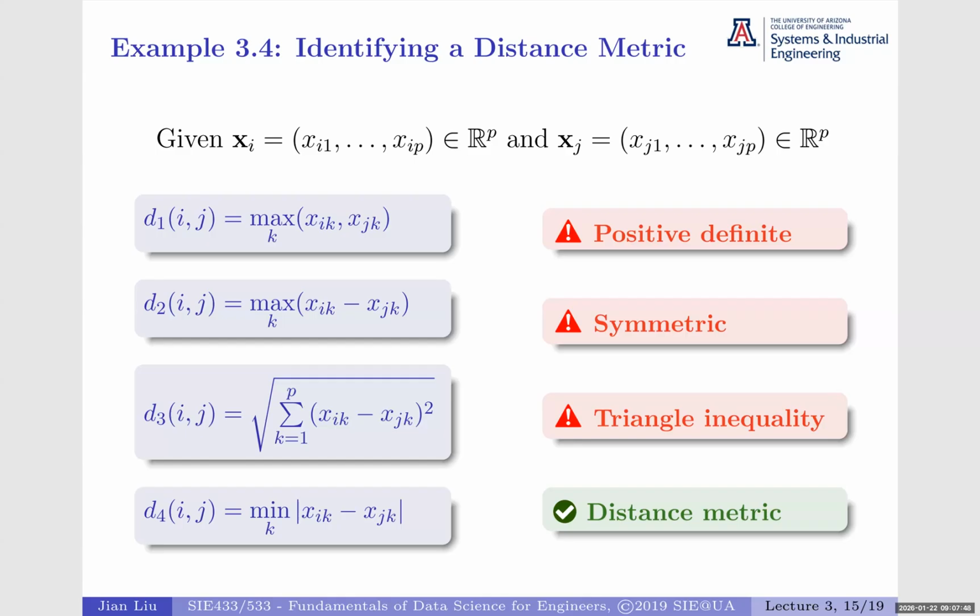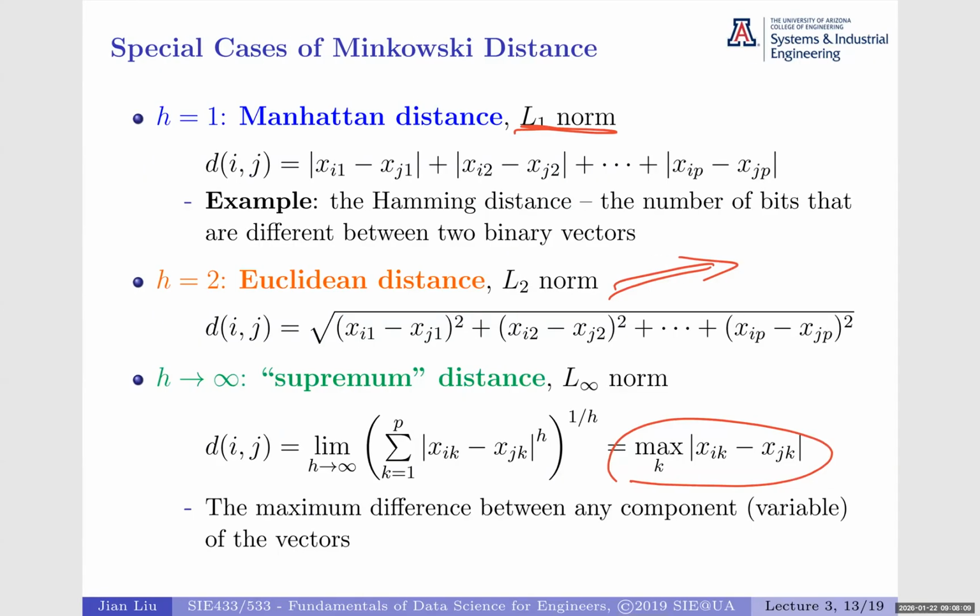Between data objects i and j, it is the maximum of xik or xjk over all the k dimensions. So what is the difference between this distance and the supremum or L infinity norm? This is the L infinity norm. Which one is thought to be a valid distance?